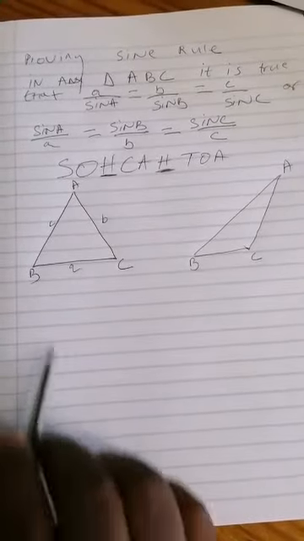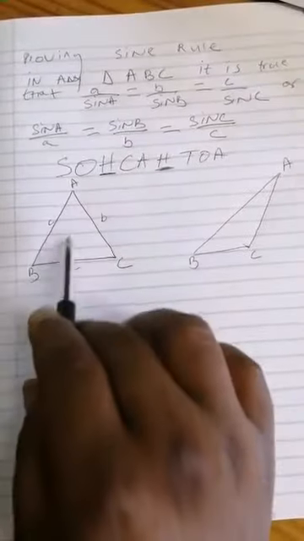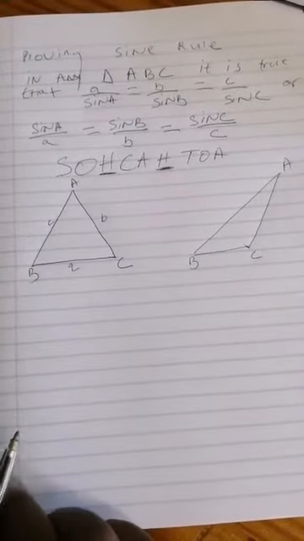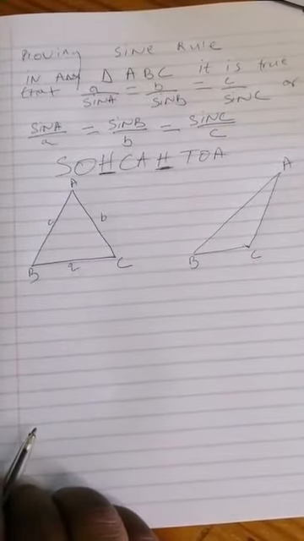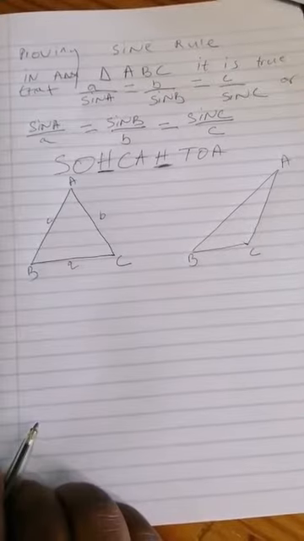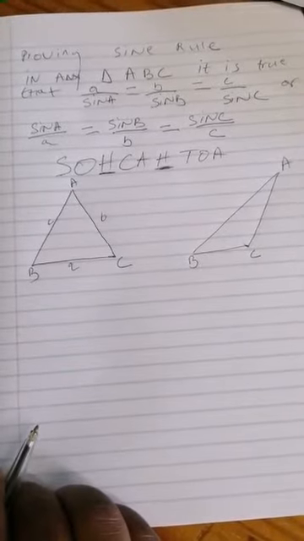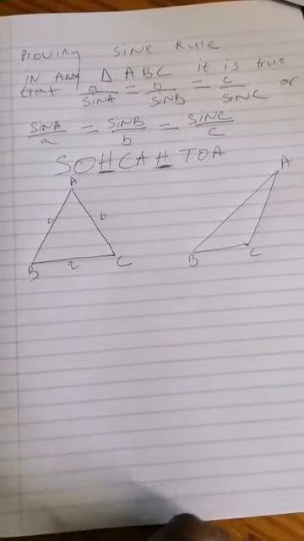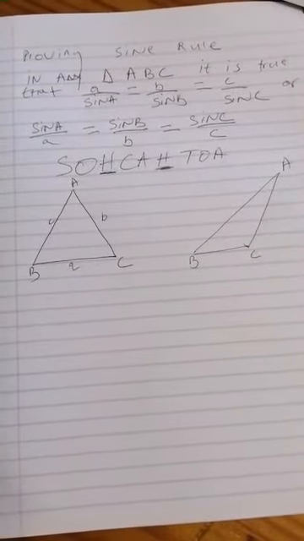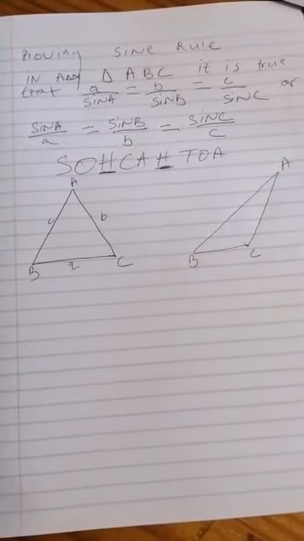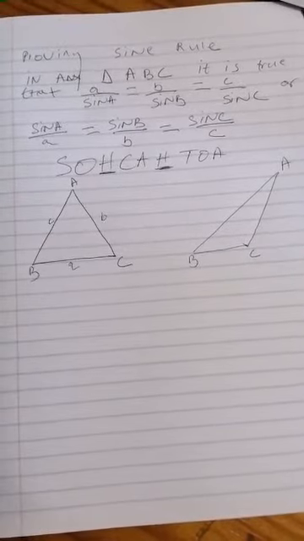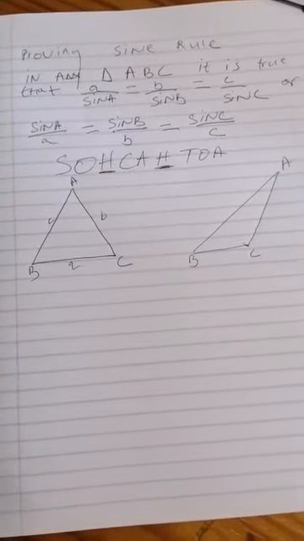Now this is an acute-angled triangle. As you can see, it is not a right-angled triangle. So we want a rule that will help us in calculating unknown sides and angles if we do not have a right-angled triangle.